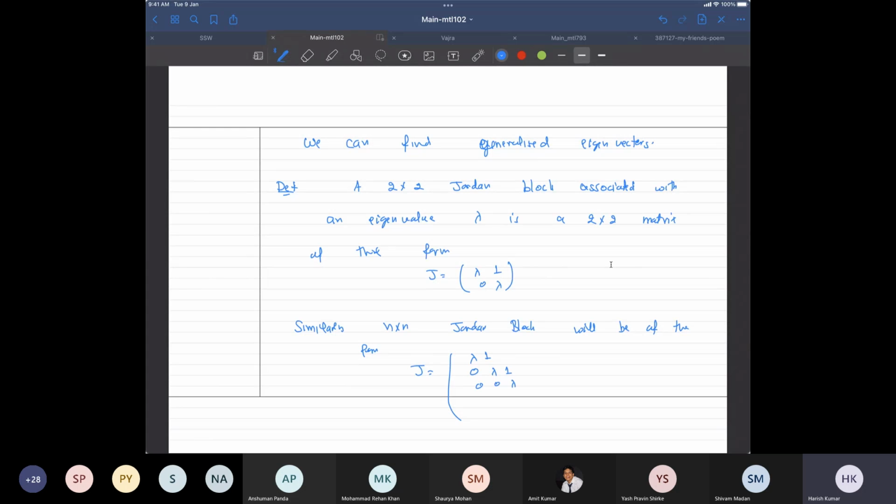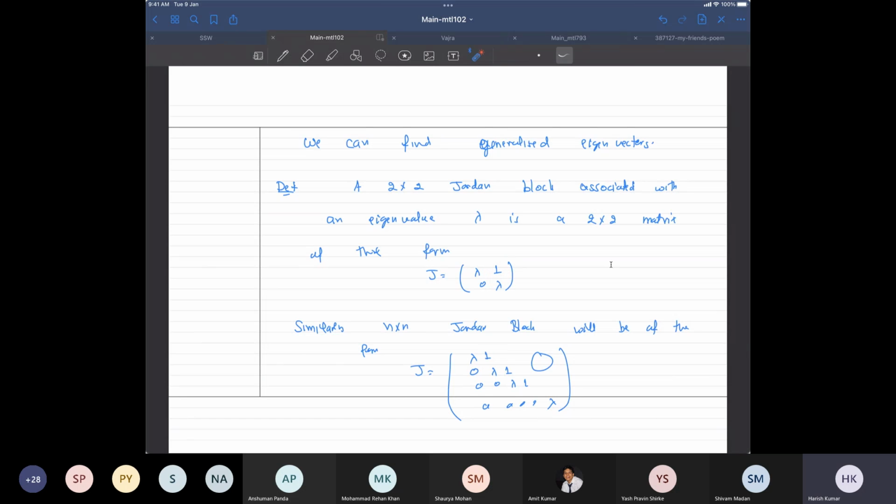So lambda 1, and 0 0 0 0, and in the end you will have lambda. Other entries are 0. So this is very close to a diagonal matrix. The only thing is that the entry just after each diagonal entry is 1.